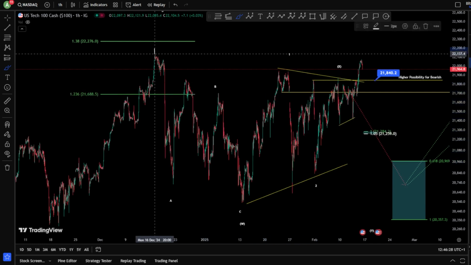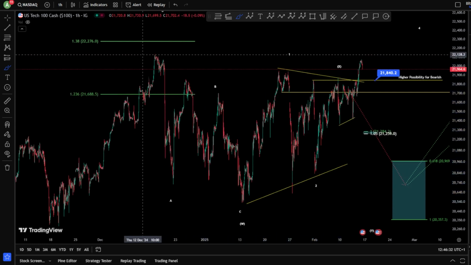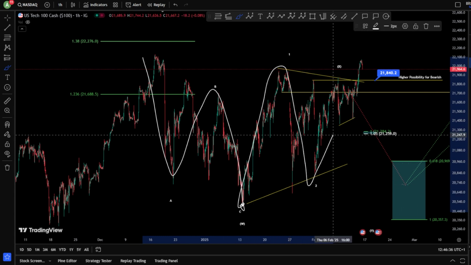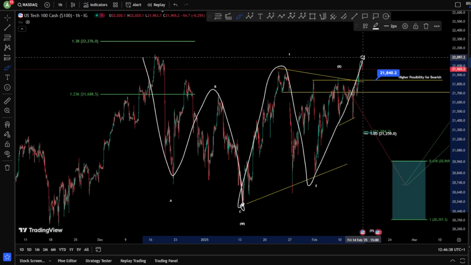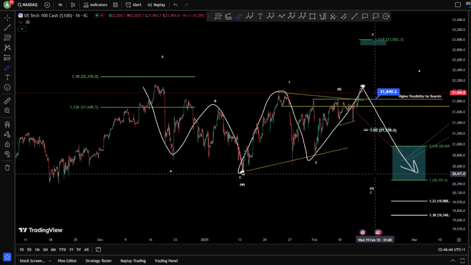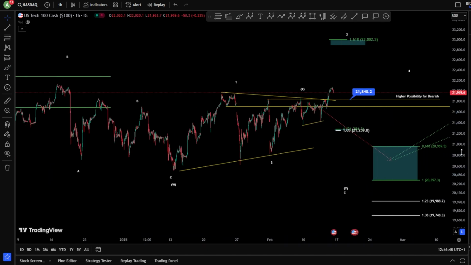And this will turn up again as A, B, with 3 ways for your A, B, C for your A here, A, B, and a C, or WXY for your wave B, and then continuation toward the downside again for the target in the blue box. So it is very, very important to watch these scenarios.